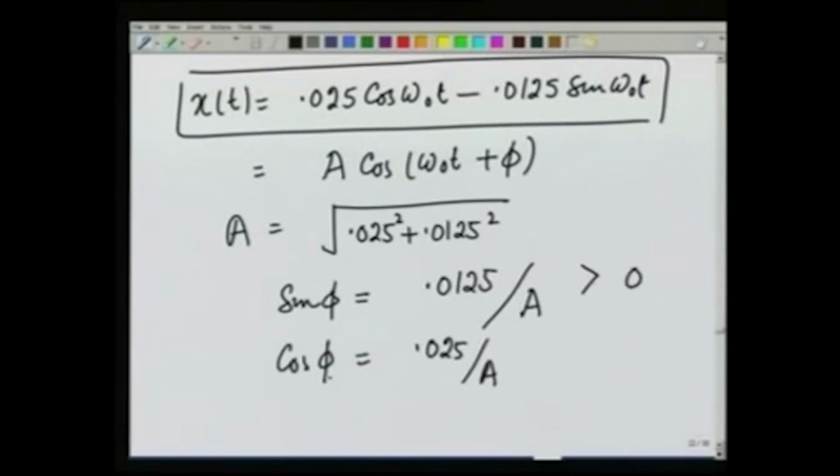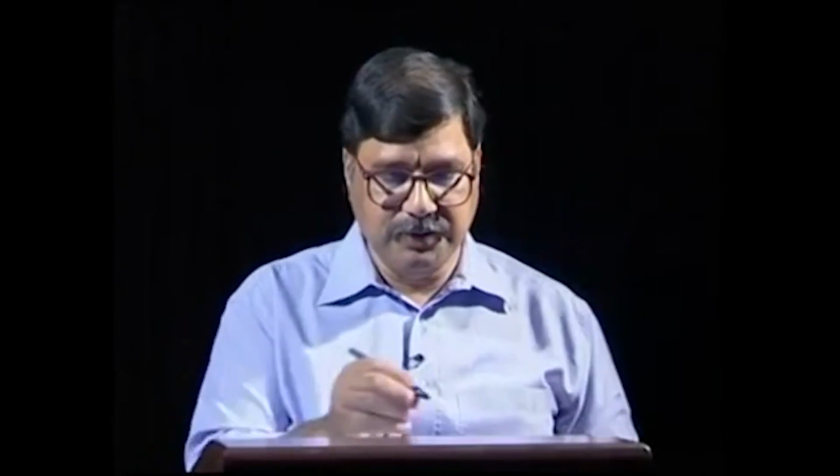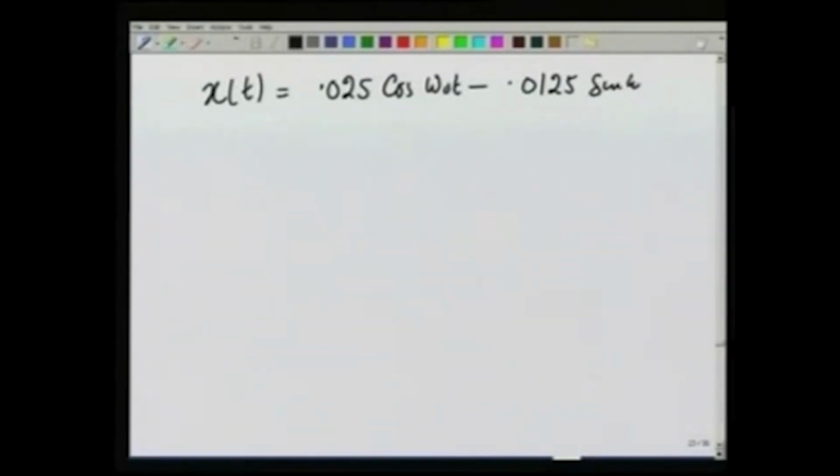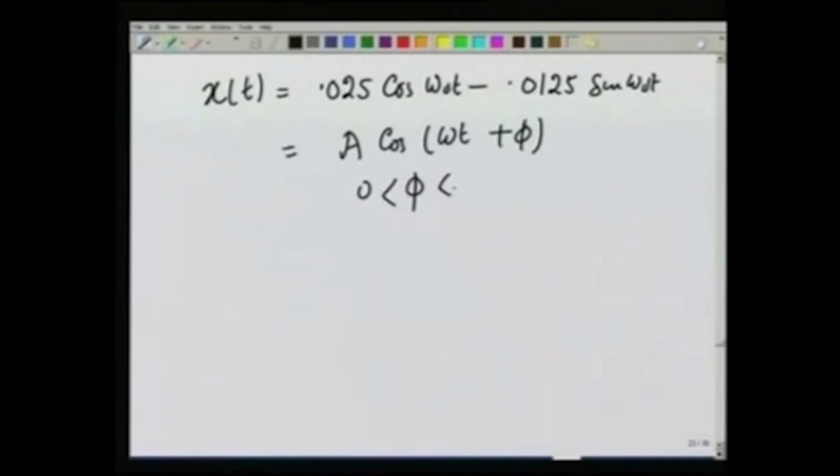Both are greater than 0, and this tells me that whatever the value, phi is between 0 and pi by 2, and therefore if I plot this function, x(t) = 0.025 cosine of omega 0 t minus 0.0125 sine of omega 0 t, which we wrote as some amplitude cosine of omega t plus phi, with phi between 0 and pi by 2.